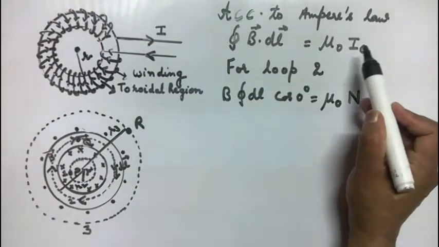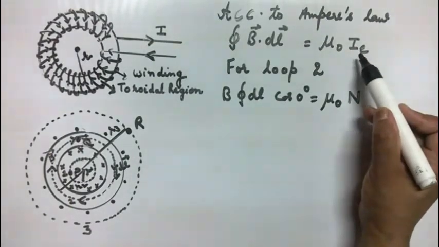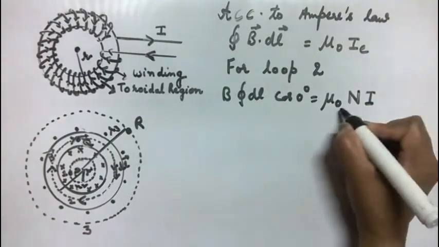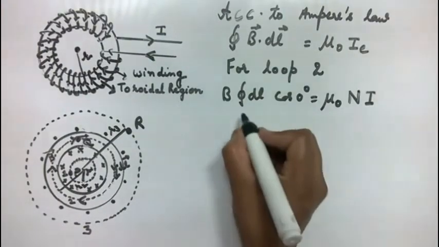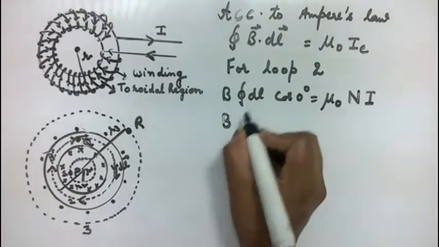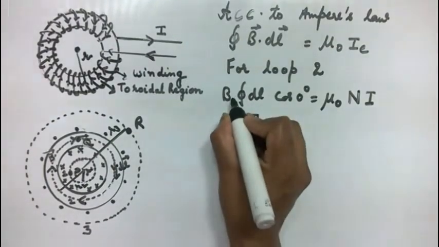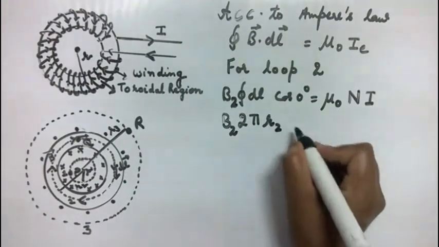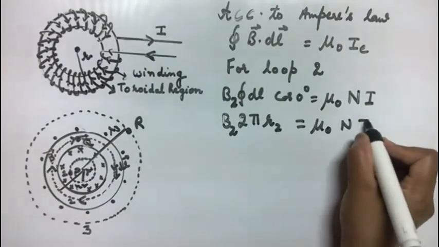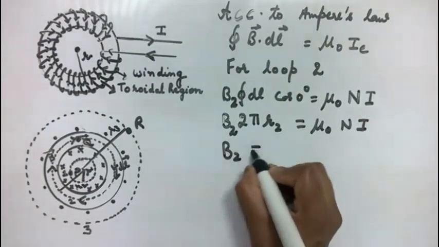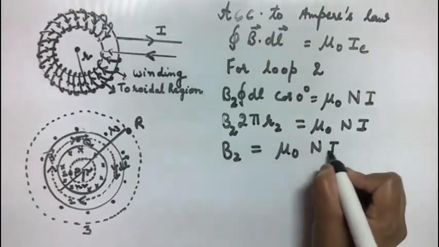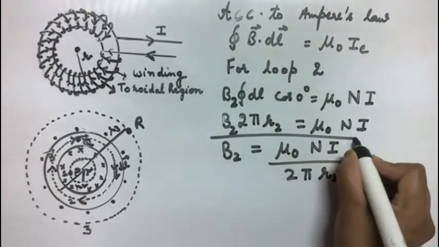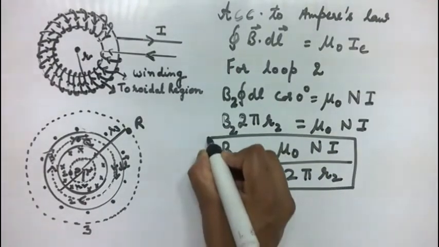In each turn current I is flowing, so in N turns N times I current will flow. Therefore the total current enclosed is mu naught N I, and integration of dl is 2 pi R2, so B2 times 2 pi R2 equals mu naught N I, or B2 is equal to mu naught N I upon 2 pi R2. This is the value of the magnetic field within loop 2.